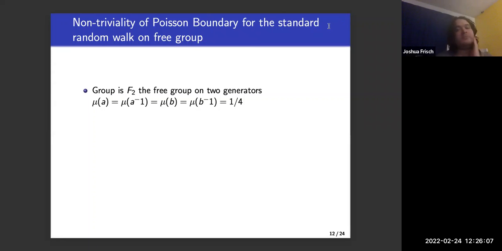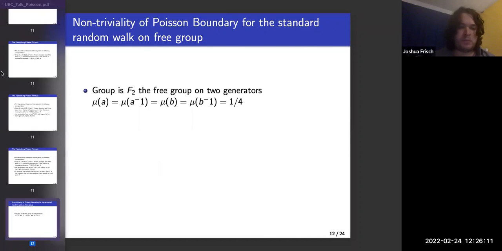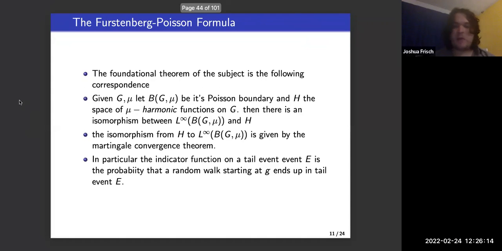All right, so I've talked about this measure space. I want to bring up one really important thing. This is a correspondence: you have a group action on both these things, and a vector space on both these things. But maybe the easiest way to see that this is interesting is to ask what it means if your Poisson boundary is trivial, or if all your bounded harmonic functions are constant.